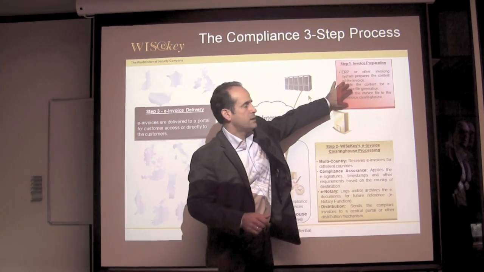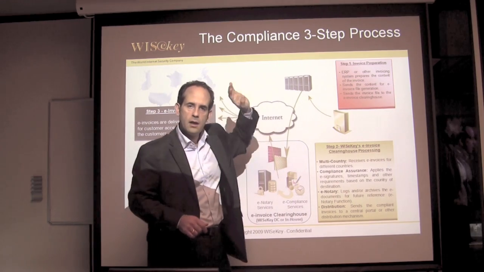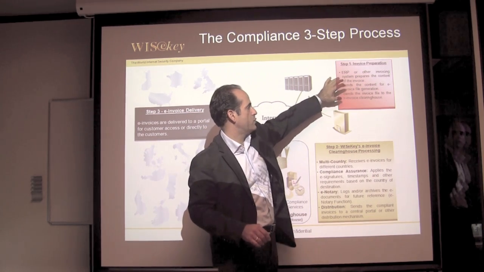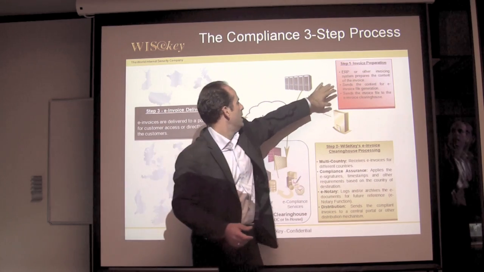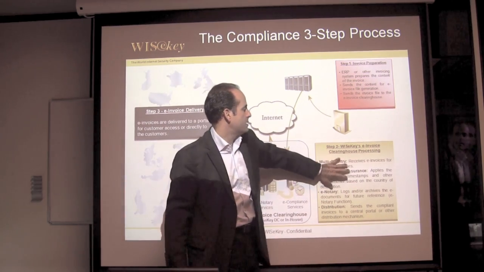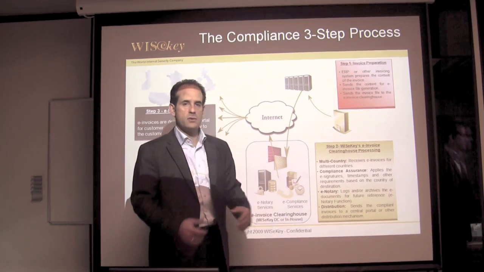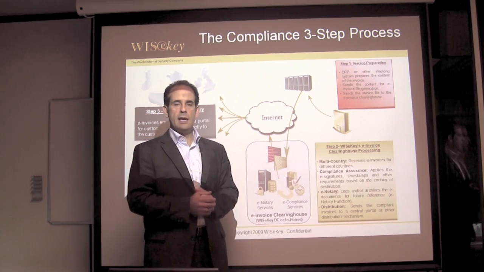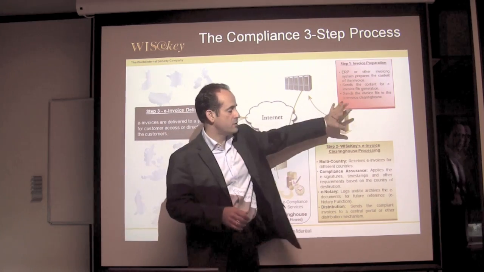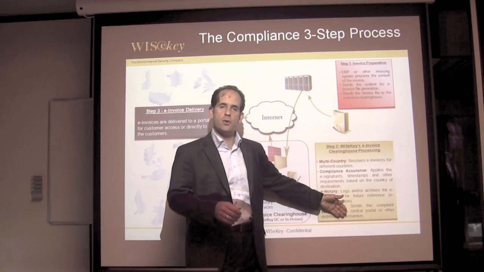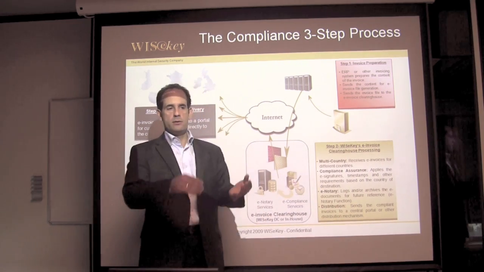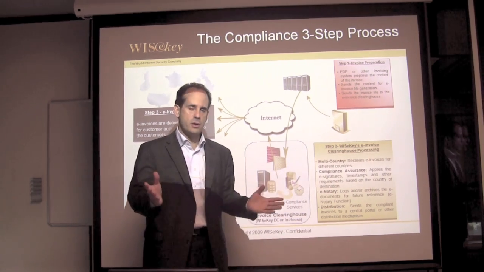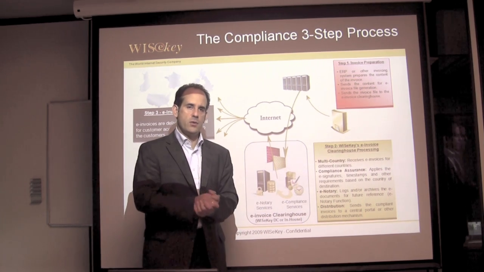That invoice that's already been prepared in full compliance, it's electronic form still, in full compliance with each of the laws of each country, and they're already doing that anyway, is sent to the second step. This is in WISekey's clearinghouse. WISekey has taken all of the necessary technical, legal, and other measures on behalf of the customer to make sure that when that invoice goes through our data center, it is compliant with the German law, or the French law, or the English law, or the Spanish law, or any other countries that we're working with.